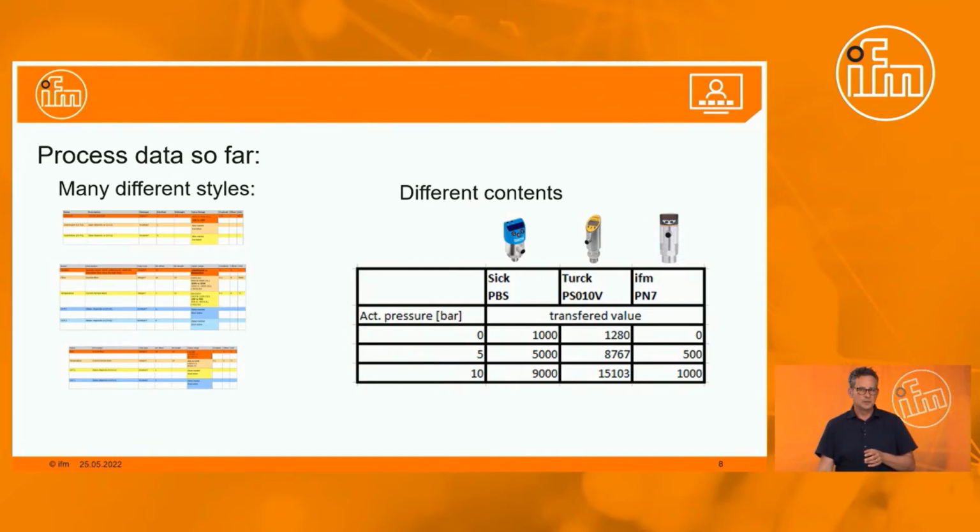We took 3 different pressure sensors, all 0 to 10 bar, and had a look at which value they bring at 5 bar at the cell. And you can see SIG 5000 took 8767 and the IFM 500.